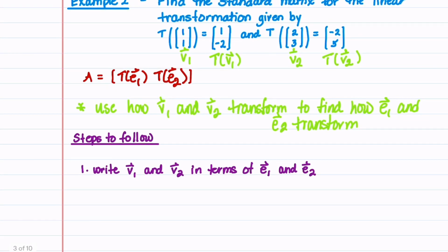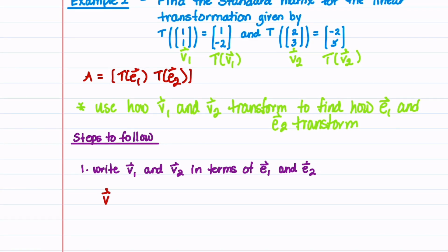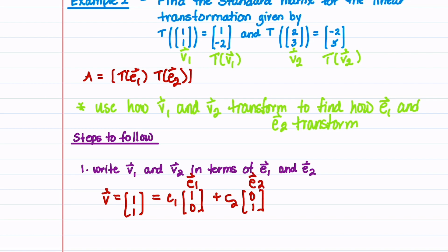Our first step is that we're going to write v1 and v2 that we defined above in terms of e1 and e2. So let's go ahead and do that. So v1 is 1, 1. As we saw on the previous page, our vector can be written as a linear combination of our standard basis vectors. So this is c1 times 1, 0, which is our e1, plus c2 times 0, 1, which is e2.